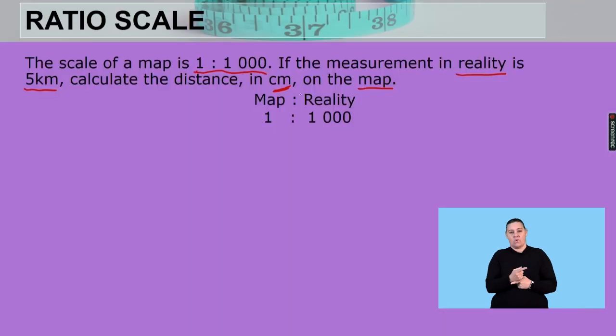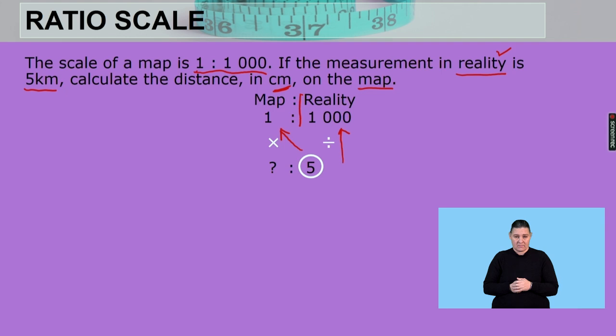We first line things up with the map on the left-hand side and reality on the right-hand side. There's my scale. Then we are given 5 kilometers. There it is, that 5. So it went on to the reality side. Remember, that was given to us in reality.